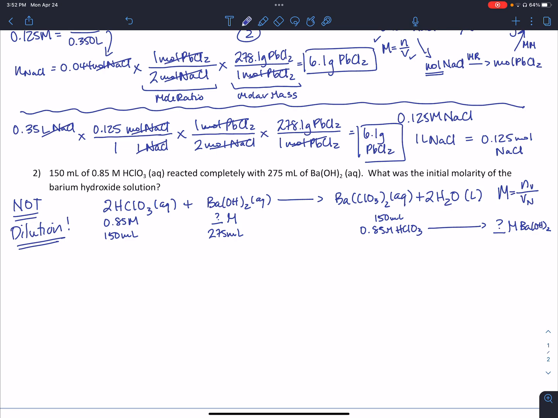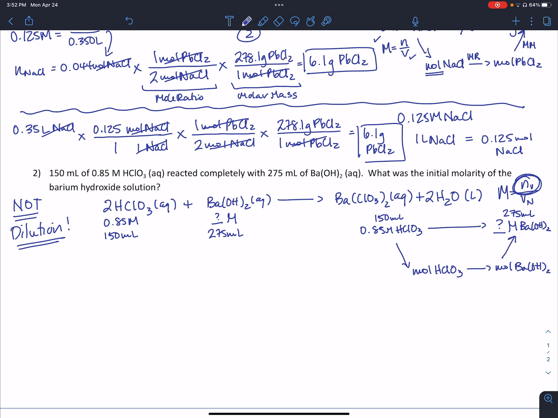And we've been given the volume, 275 milliliters. So what we're looking for here is moles. To get all the way to molarity, we've got to get to moles eventually. If I start with these two numbers, my molarity and volume, I can use those to find the moles of HClO3. And once I know moles of that, I can convert that to moles of barium hydroxide, and then I can get to molarity.